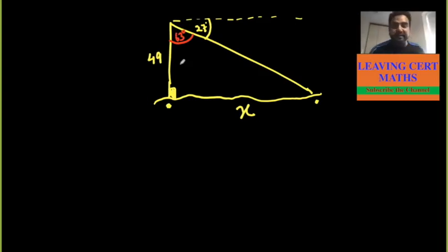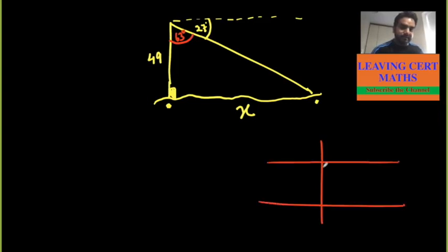You know why? If this angle is 90 degrees, that will also be 90 degrees, because they are perpendicular. Is it not true? Okay, so now you have 63 and now you have 49. I think you can find this.